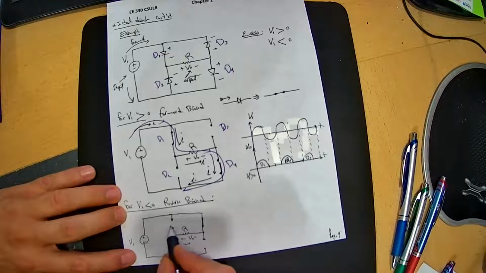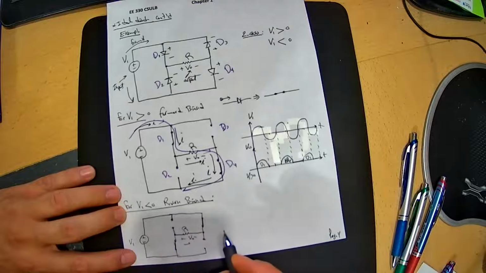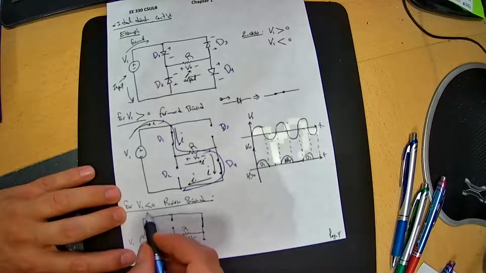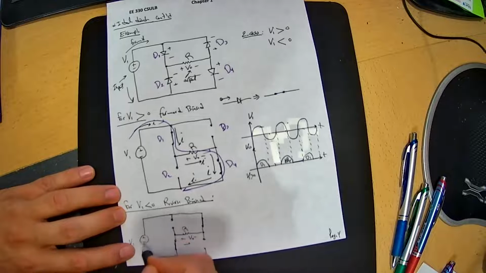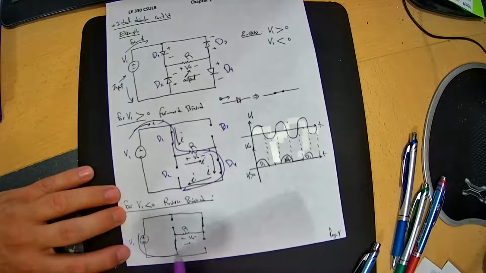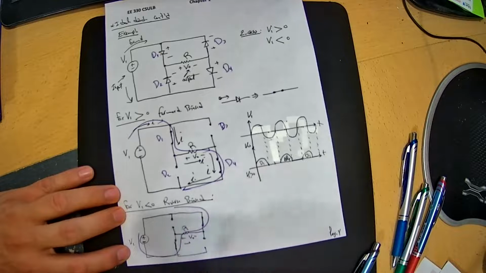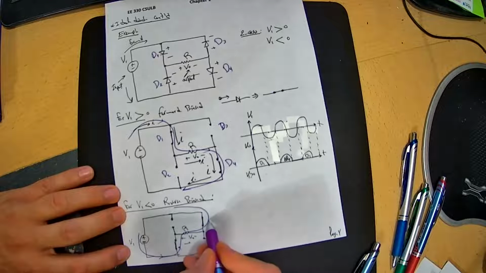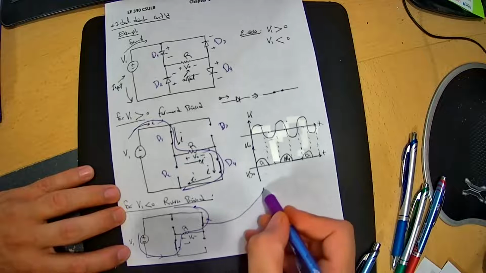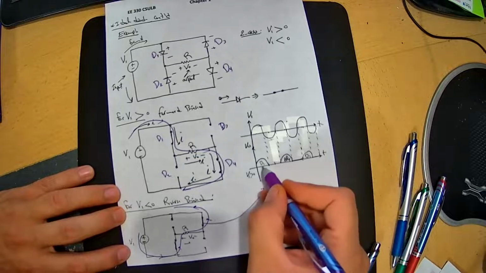What happened here is when V1 is less than 0, you can start from this direction, but you have to reverse the polarity of V1. If you want to keep it, you have to go the other way. So most likely the direction is going to be like this. Usually D1 will be off.